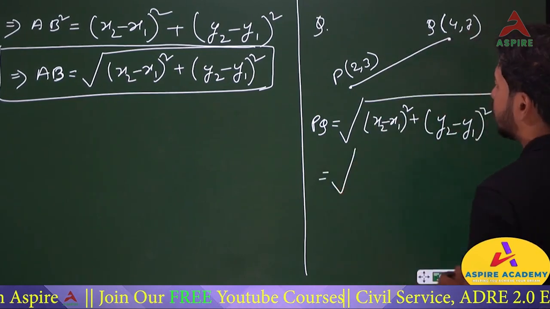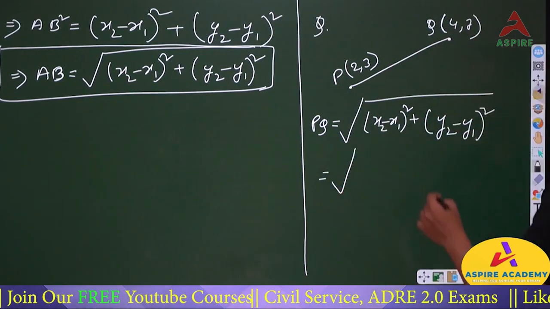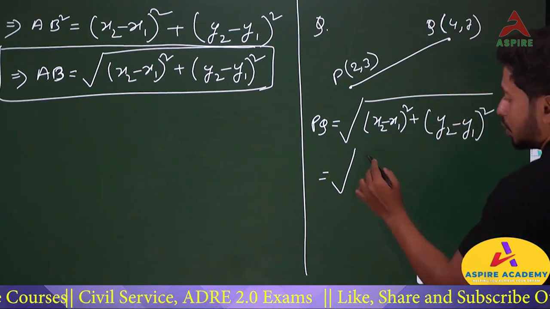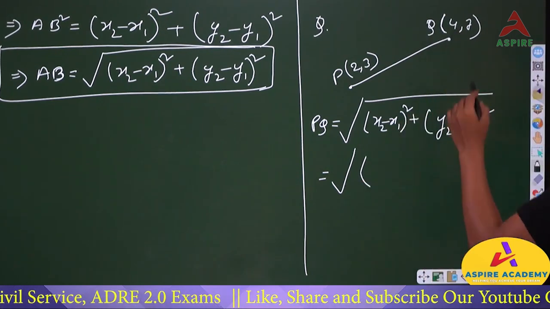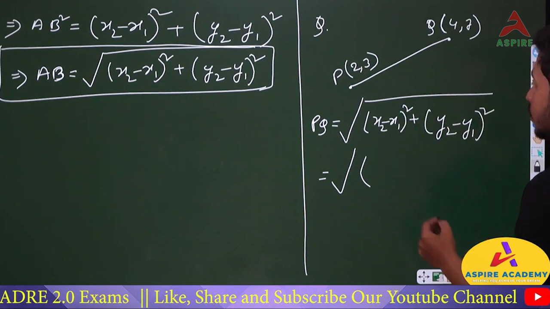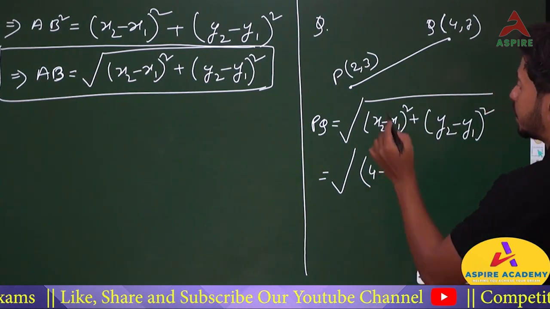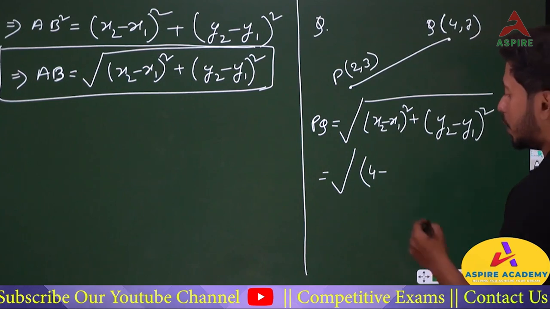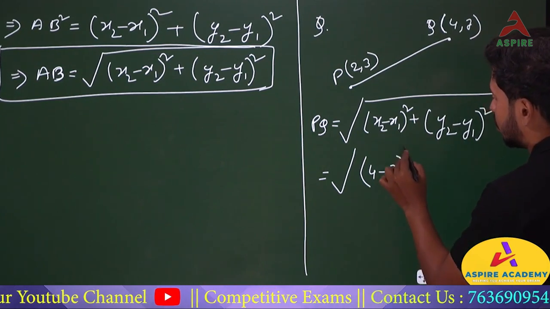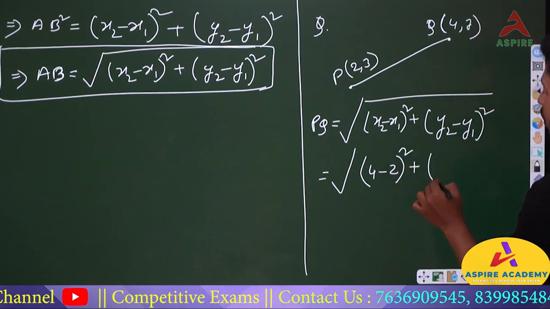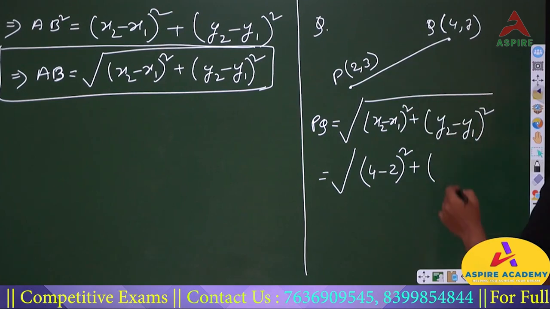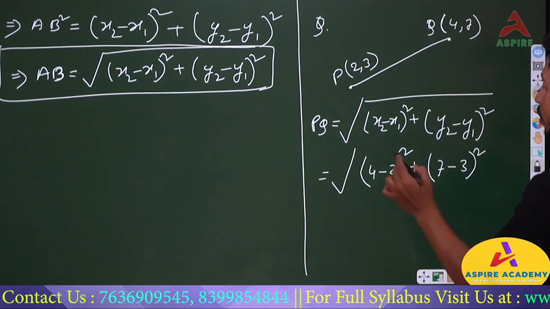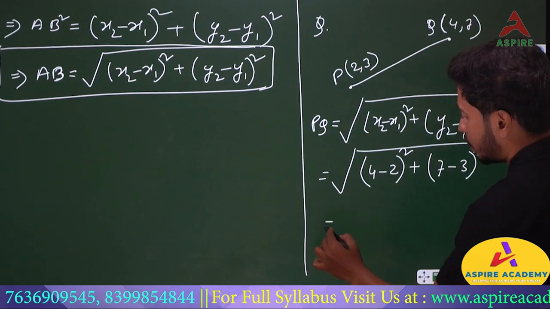What is x2 here? See, this is point Q, so x2 will be 4, because 4 is the x coordinate of point Q. So 4 minus 2, where 2 is the x coordinate of point P, 4 minus 2 whole square plus y2 minus y1, which will be 7 minus 3 whole square.